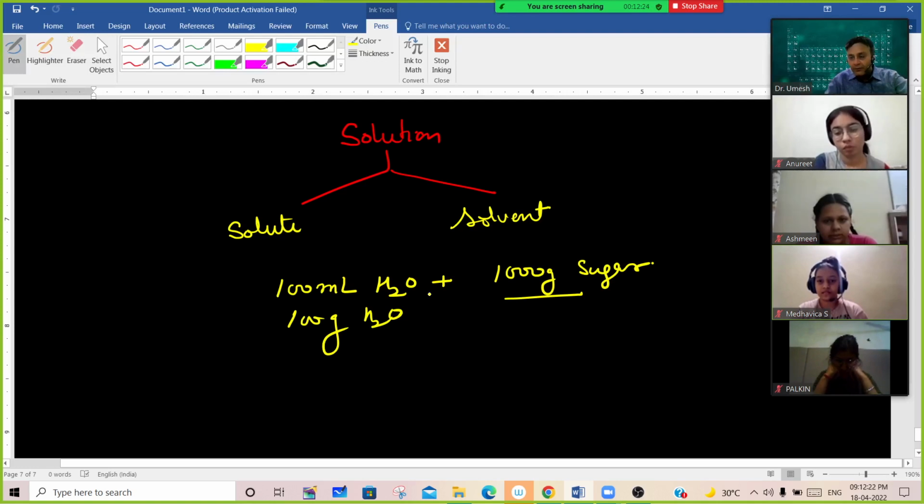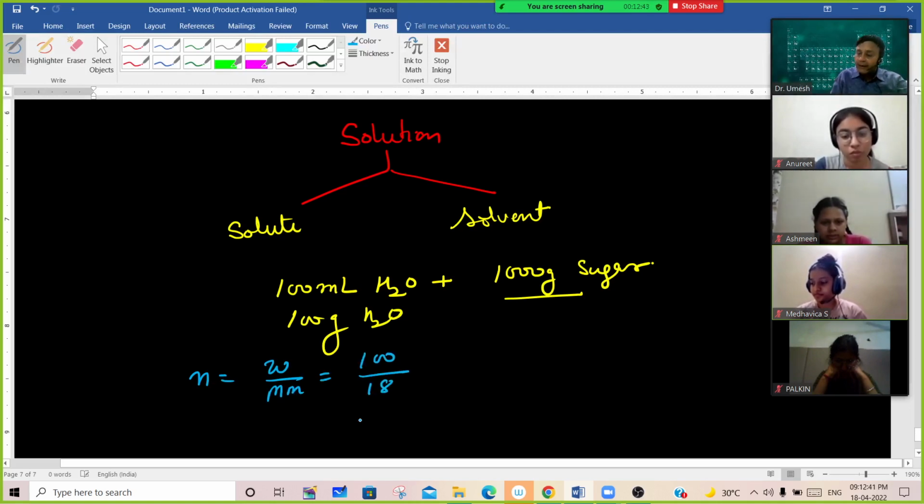Yes or no? So don't take weight as the quantity. In chemistry, we always choose amount as number of moles. Number of moles means weight upon molecular mass. Weight is 100 gram, molecular mass is 18 gram per mole.